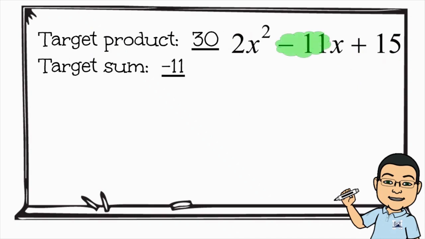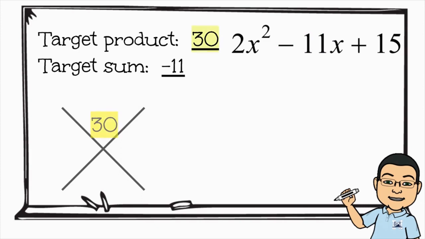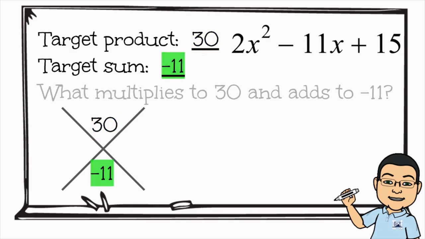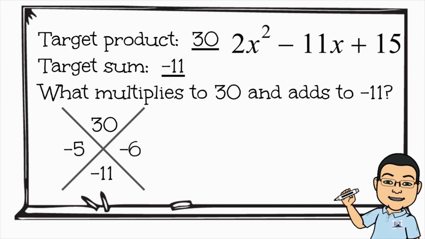And so borrowing from the magic X concept or any structure that you like to organize thoughts, we got to think through what multiplies to make 30, adds to make negative 11. And so we can think through our different factors of 30 and come up with negative 5 and negative 6.